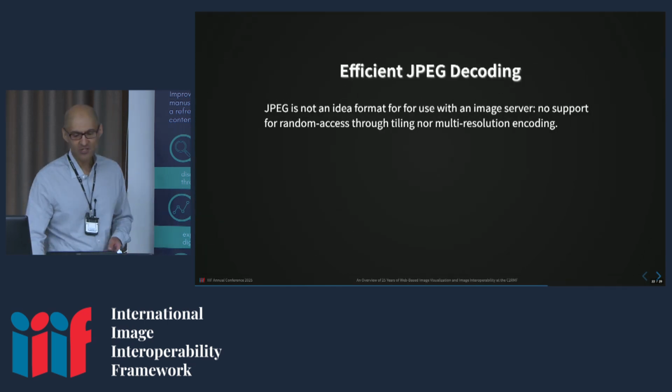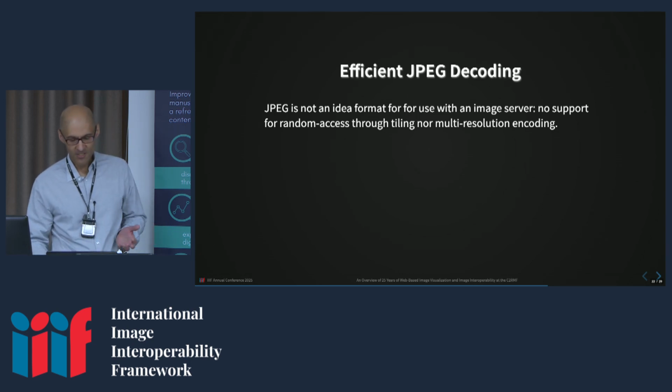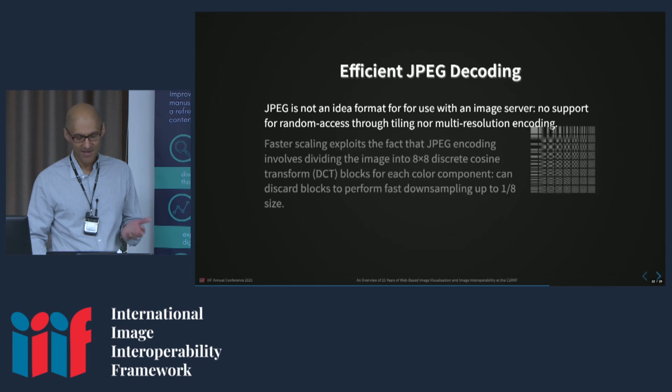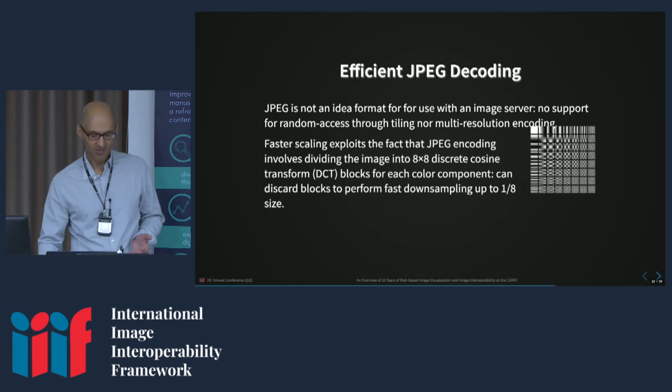So I mentioned efficient JPEG decoding. JPEG is not an ideal format for use with an image server. It doesn't support random access, nor tiling, but people have JPEGs and they don't necessarily want to transcode.